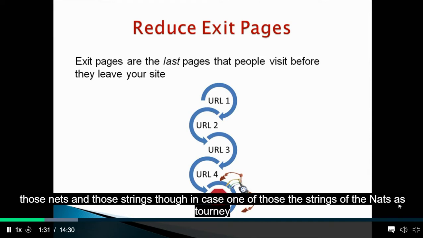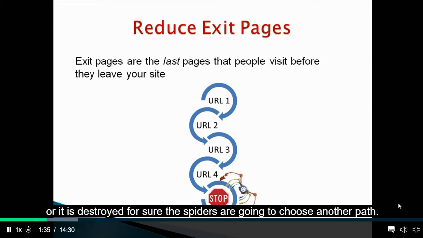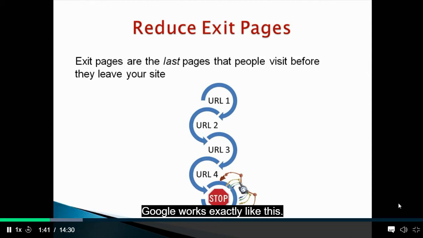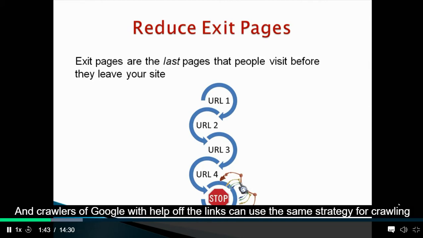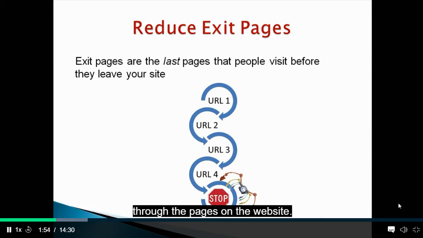So in case one of those strings is torn or destroyed, for sure the spider is going to choose another path. Google works exactly like this, and the crawlers of Google, with the help of links, use the same strategy for crawling through the pages on the website.